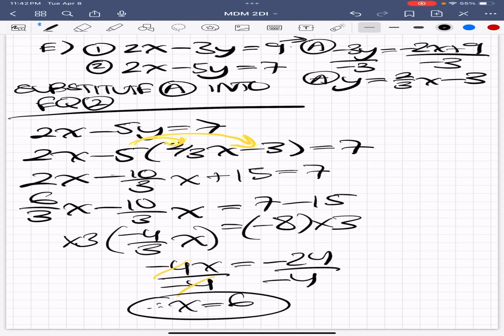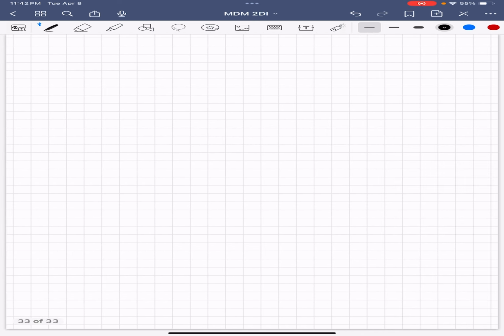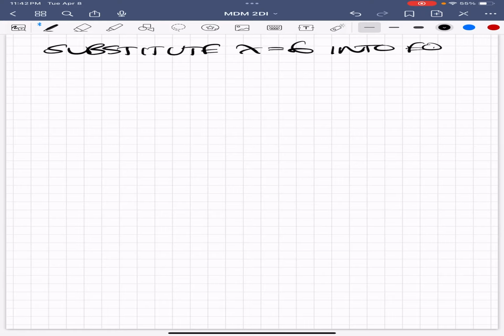And I will need a new page. So we will substitute x equals 6 into equation 1.